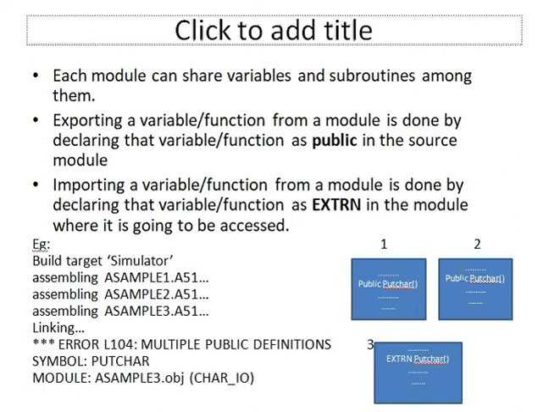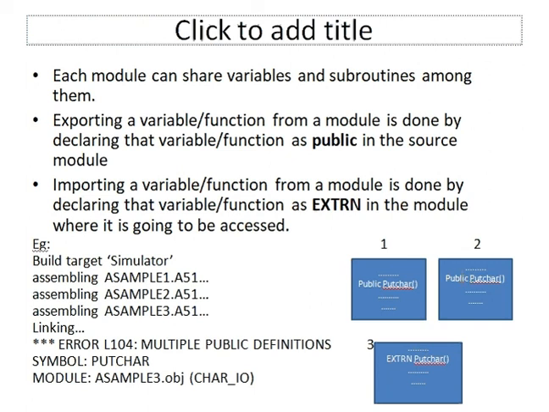Since you have two public definitions, multiple functions, when the linker is trying to link all these three files together, it is going to provide an error message saying which among these two functions, which putchar method, is to be picked, because both are meant for exporting, and here you are importing one.